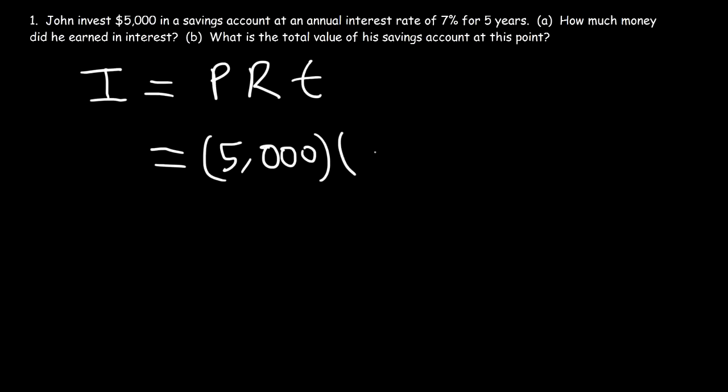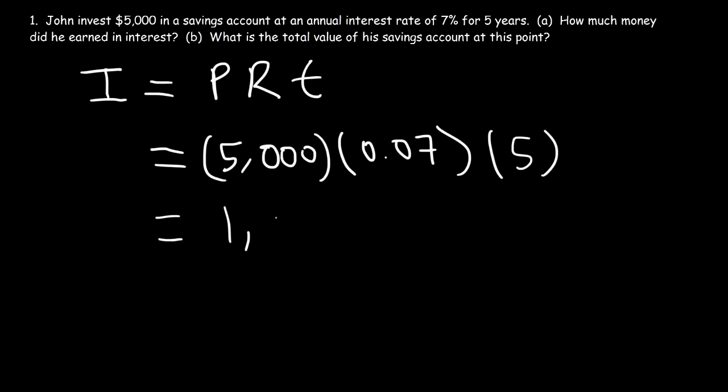The decimal form of 7% is 7 divided by 100, which turns out to be 0.07. And T is the time in years. So T is 5 years. So all we got to do is take 5,000 multiplied by 0.07 times 5. So he receives a total of $1,750 in simple interest.